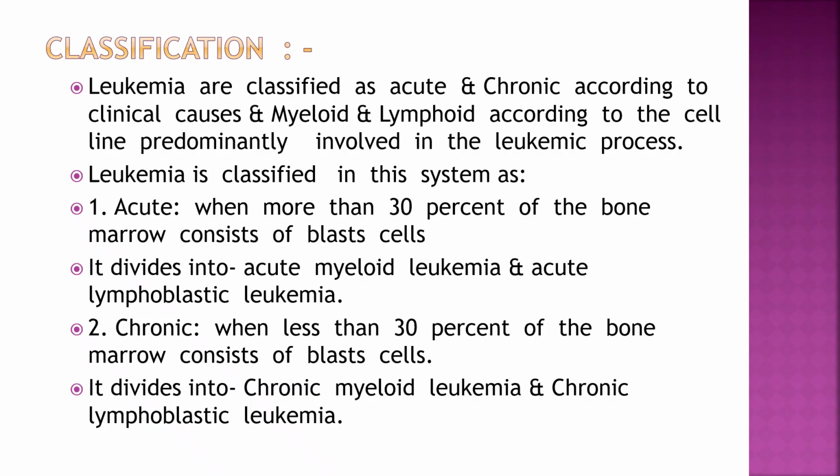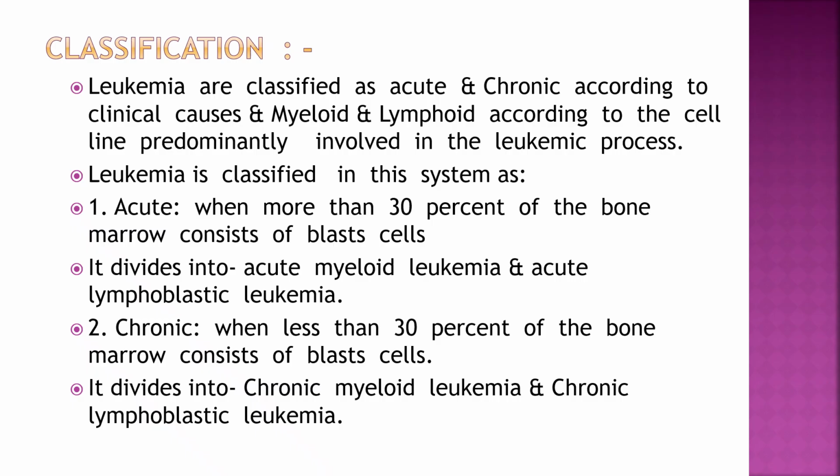Leukemia is classified as acute when more than 30% of the bone marrow consists of blast cells, and it is divided into acute myeloid leukemia or acute lymphoblastic leukemia according to the myeloid or lymphoid series involved. Then chronic, when less than 30% of the bone marrow consists of blast cells, it is called chronic leukemia, and again it is divided into chronic myeloid leukemia or chronic lymphoblastic leukemia according to the series of cells involved.